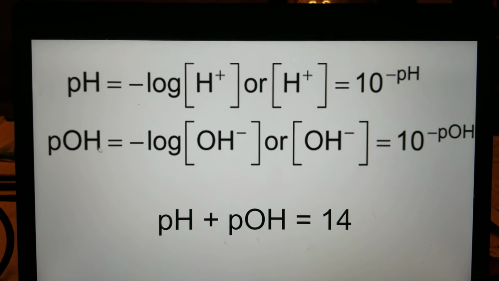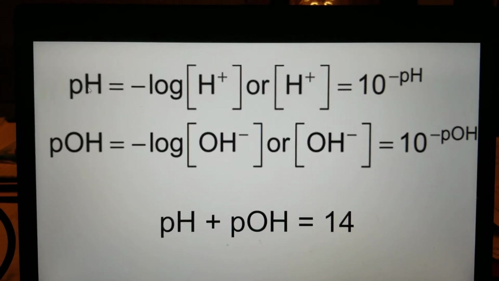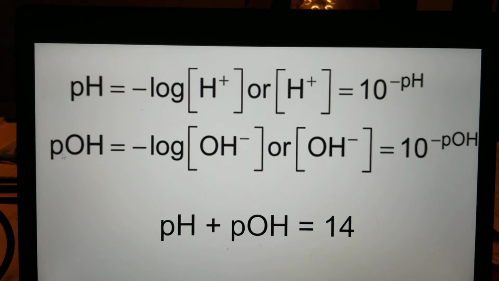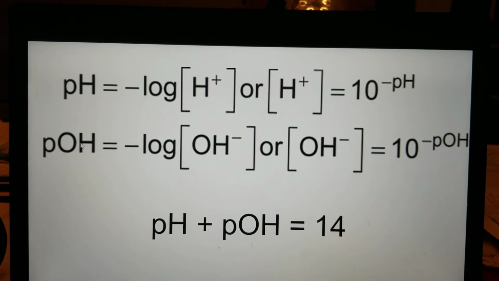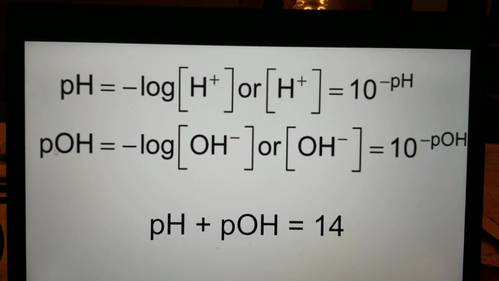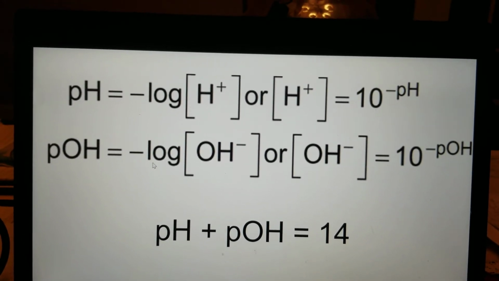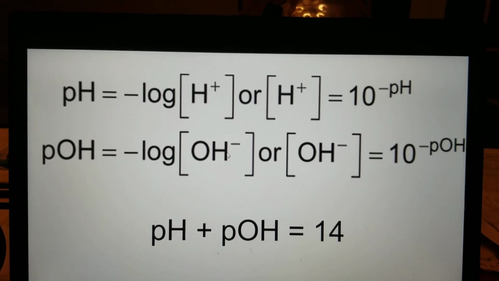And it's the same for pOH. So this is for acidic, right? pH, H is the acidic ion. There's also what's called pOH. OH is the basic ion. So same thing. If you want to know the pOH, you just take the negative log of the concentration of the OH minus ions, which would be given.